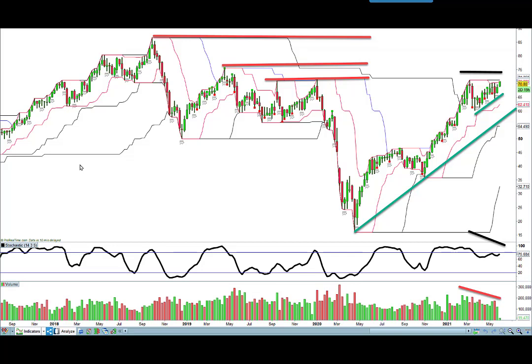To me, this is one of my favorite techniques of all time, and it would call for a dramatic move down, at least to probably $50 a barrel. At least to the big green uptrend line, probably to $50, and maybe even down to $40 or $30 a barrel. So I'm watching that to see if we get a legitimate weekly stochastic divergence, okay?